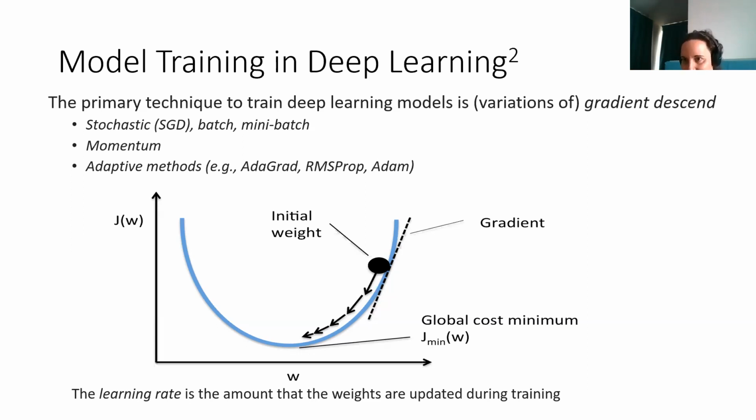The learning rate is part of what we call the hyperparameters of the model. These are parameters that you have to set outside of the training process. You have to set it by trial and error, by experimentation, by specific rules that exist in the literature, and so on and so forth.